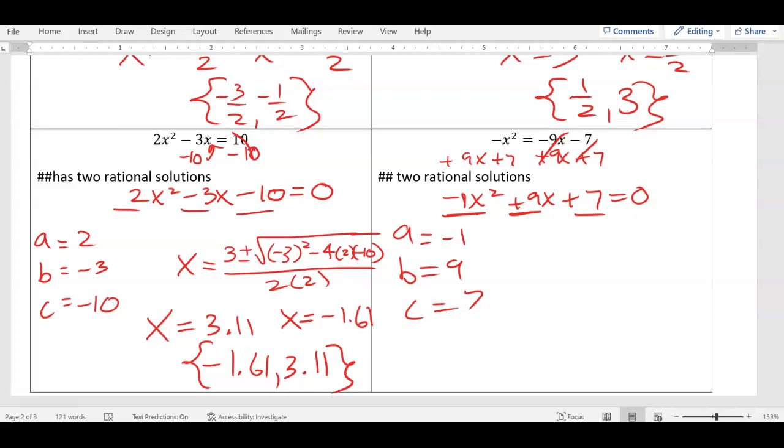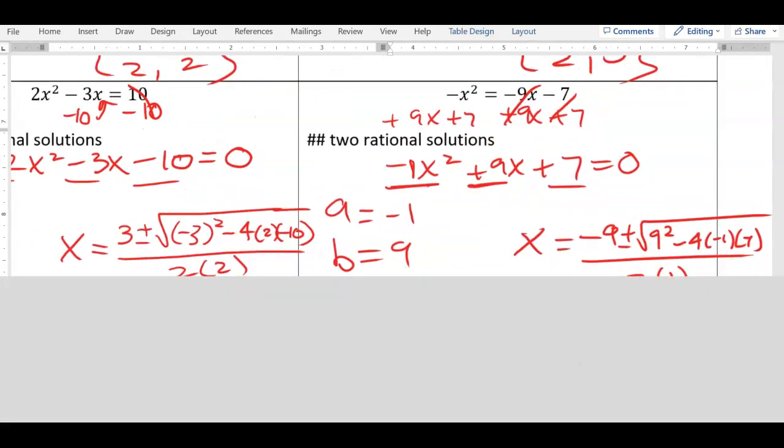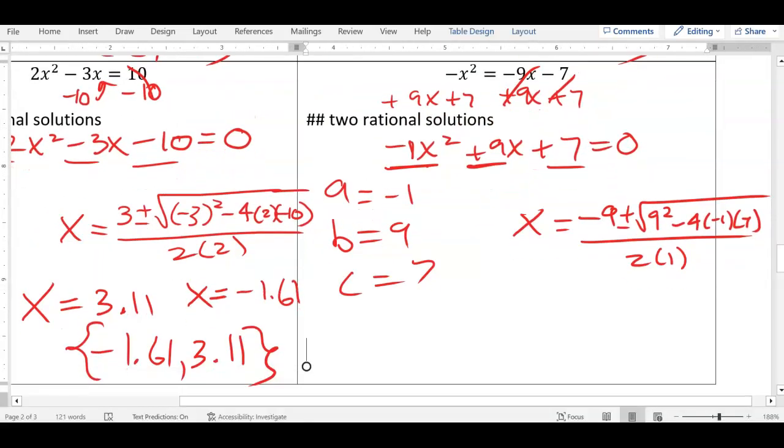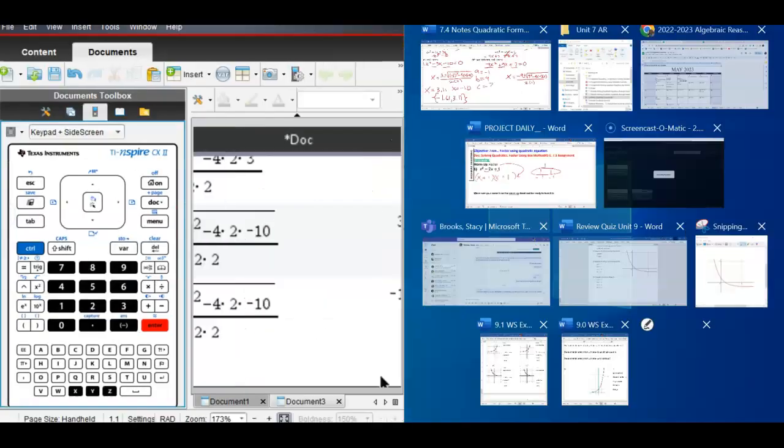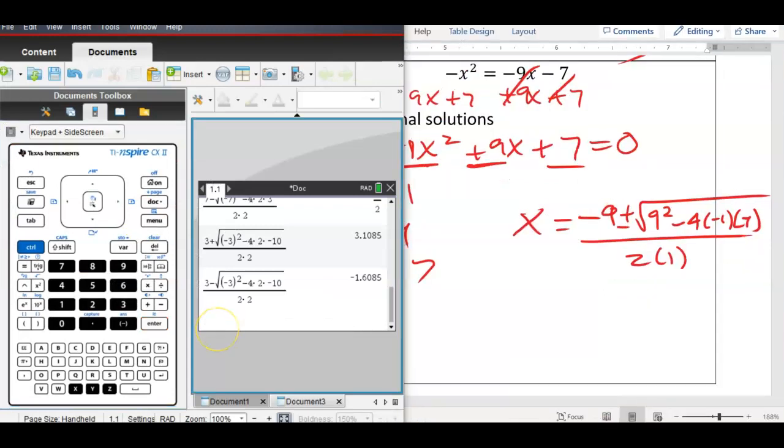Once again, put it in the quadratic formula. Okay, so x equals negative b, so negative 9, plus or minus the square root of b squared, 9 squared, minus 4 times a times c divided by 2a. So I bring over my calculator and I'm going to type that one in.